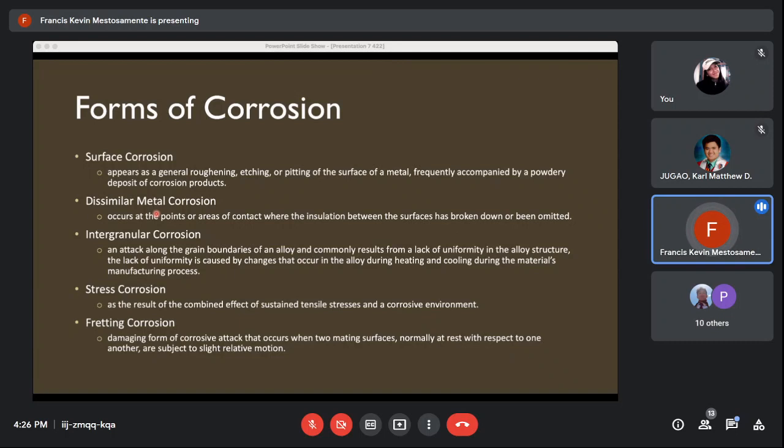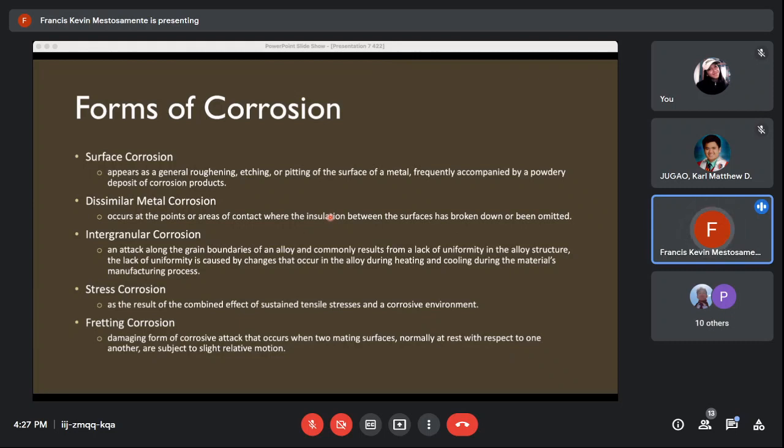Ngayon, siyempre sa isang aircraft, kanina nga rin sa isang slide natin, I think slide number 4, you could see na magkakaiba yung parts na ginagamit natin within the aircraft. So doon sa mga parts kung saan nagkakaroon tayo ng connection ng magkaibang material, may mitigation naman tayong ginagawa dyan, like naglalagay tayo ng rubber material or insulation doon between the two surface.